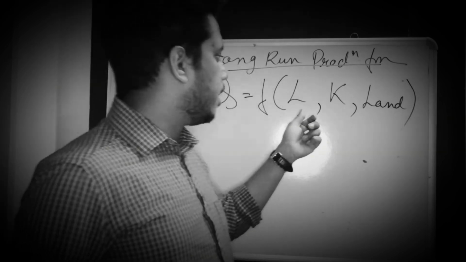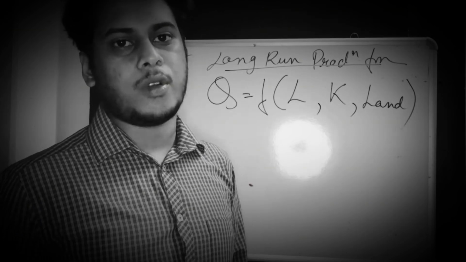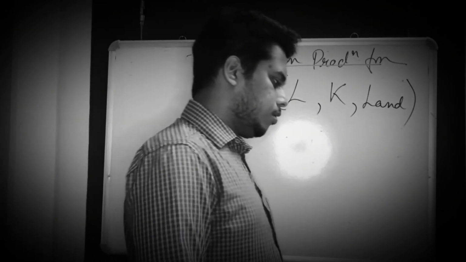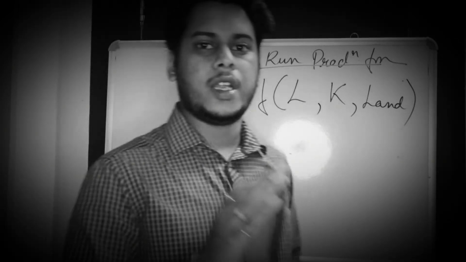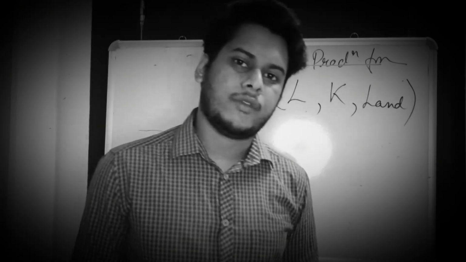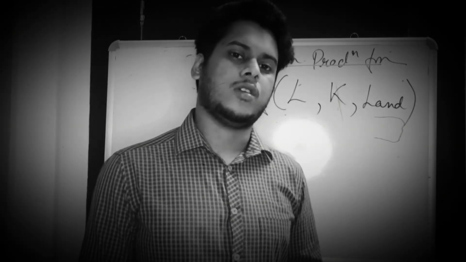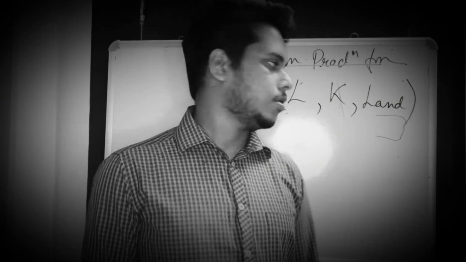Even land and capital are subject to change in the long run. So this was the distinction between short run and long run production function. In the short run, at least one factor will remain constant, and in the long run, all the factors will remain variable.